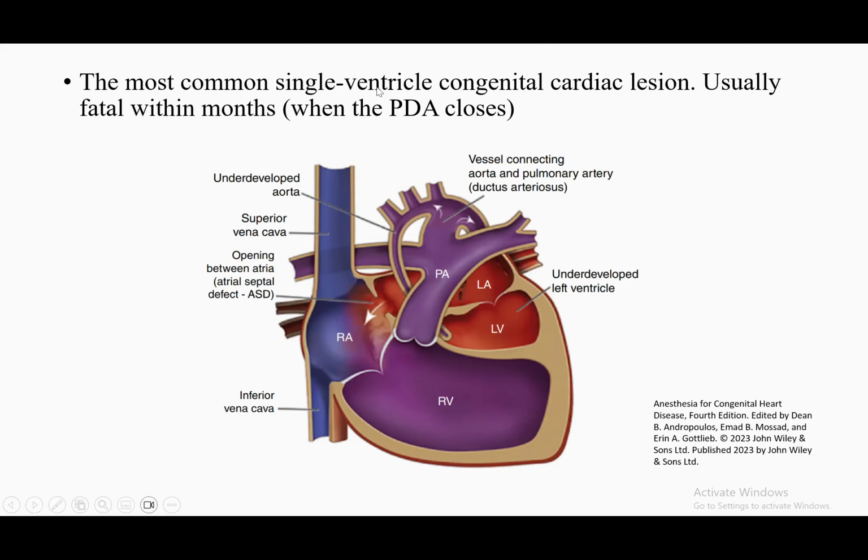The most common single ventricle congenital cardiac lesion, usually fatal within a month when the PDA closes, because when it closes, no blood passes to the left side. These patients are PDA dependent.